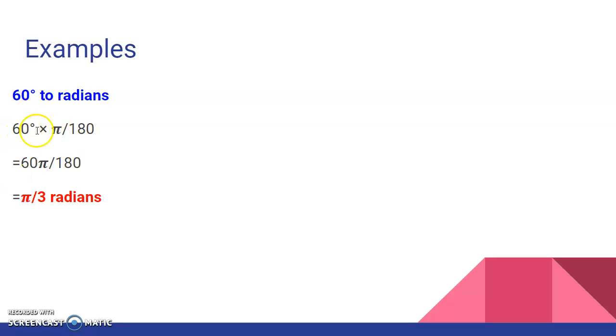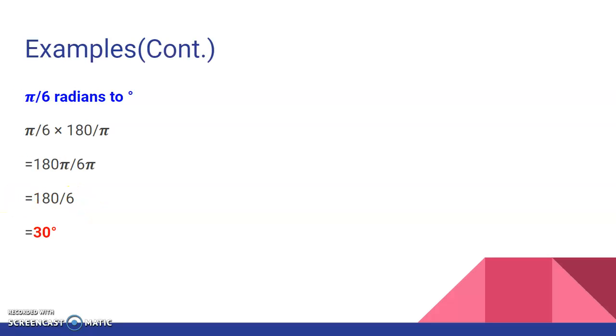We'll multiply 60 degrees by pi over 180, which gives us 60 pi over 180. And all you have to do is simplify this fraction. So 60 would go into 180 3 times, so we're left with pi over 3 radians.